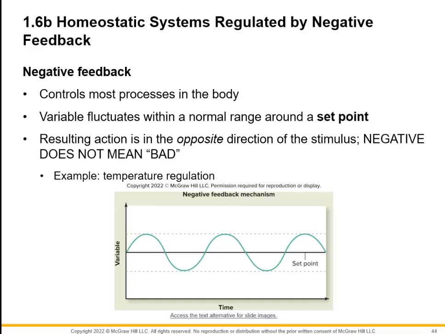So the stimulus, blood sugar's low. The effectors, the organs and the tissues and the chemicals, cause an action to raise blood sugar. So remember, negative feedback does not mean bad. It means we use the feedback system, okay, to bring us back to homeostasis.